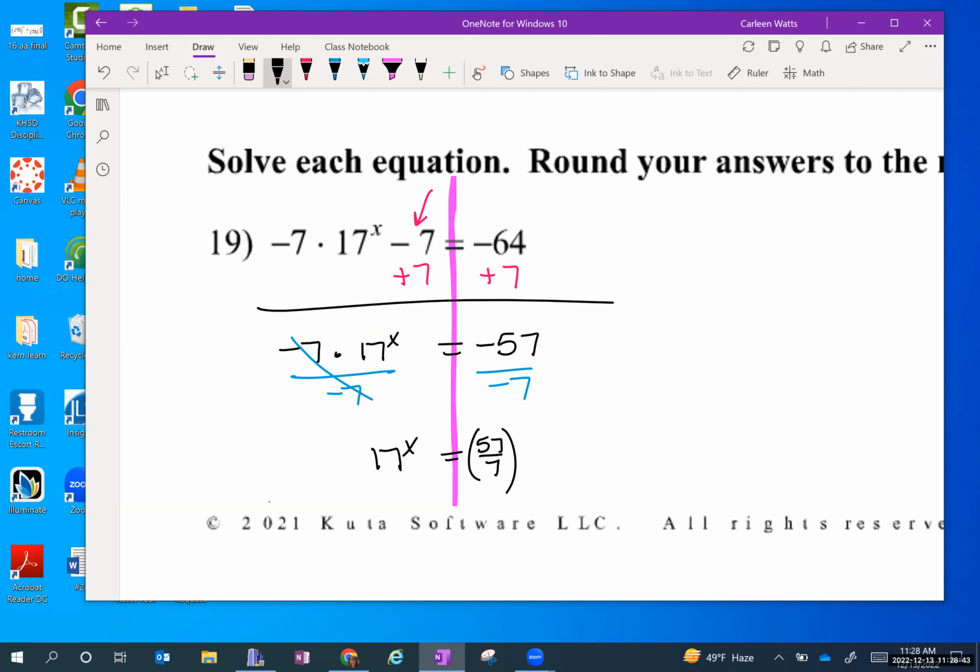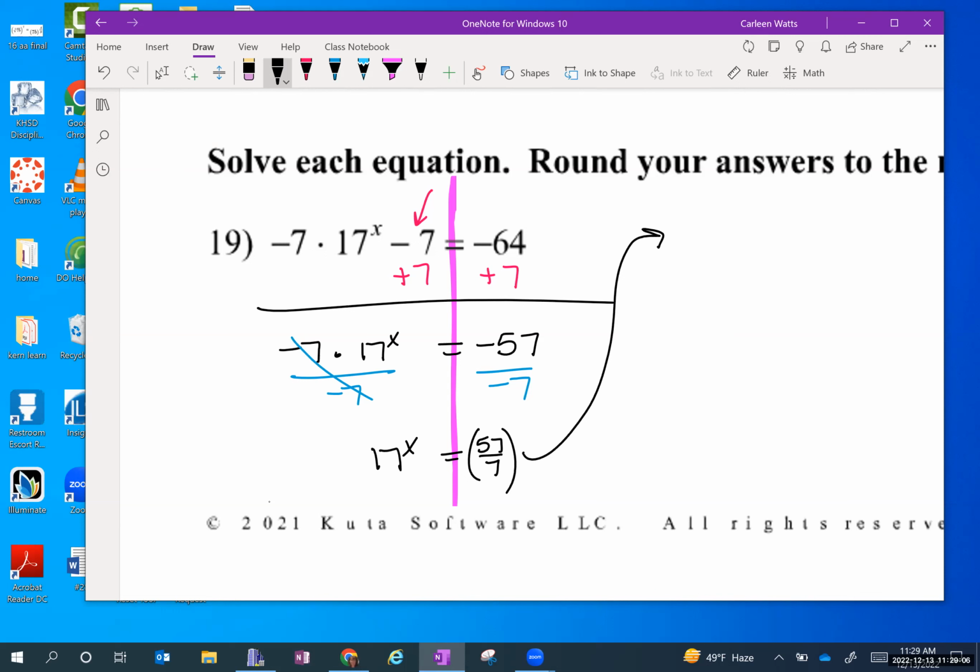What tool do we use to solve an exponential equation? To solve an equation where the variable is an exponent. We're going to convert this from exponential. Let's talk about square root.